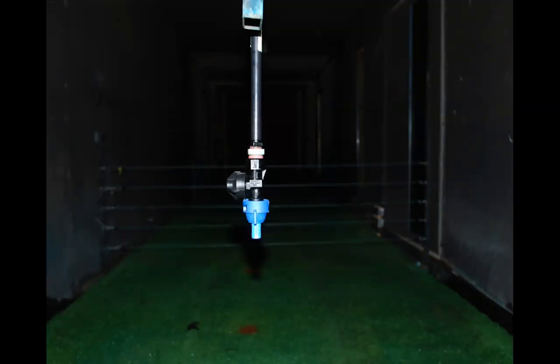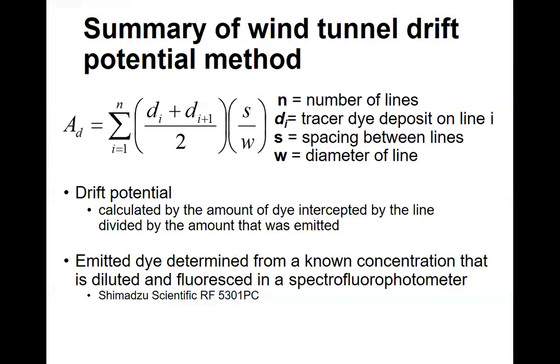They will spray fluorescent dye, and after the application, they use a special flashlight to show the coverage of the dyes on the strings. Then they harvest the strings, extract the fluorescent dye in the lab, and analyze it with a spectral fluorophotometer.